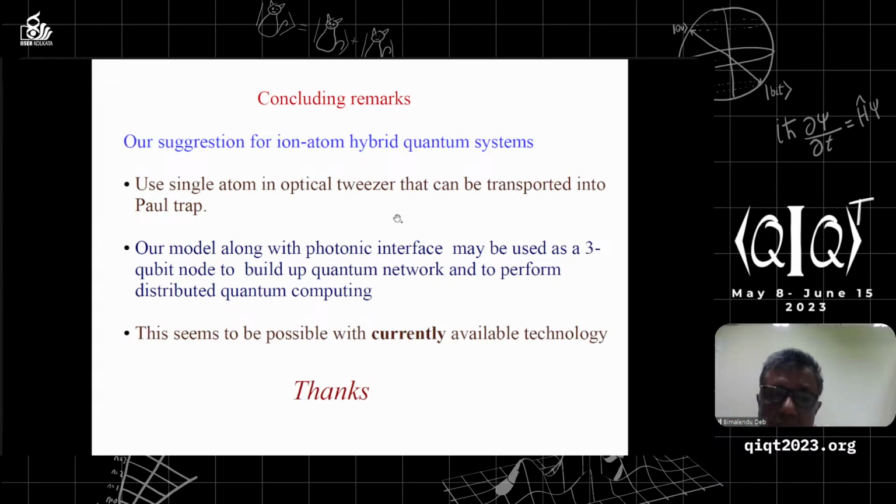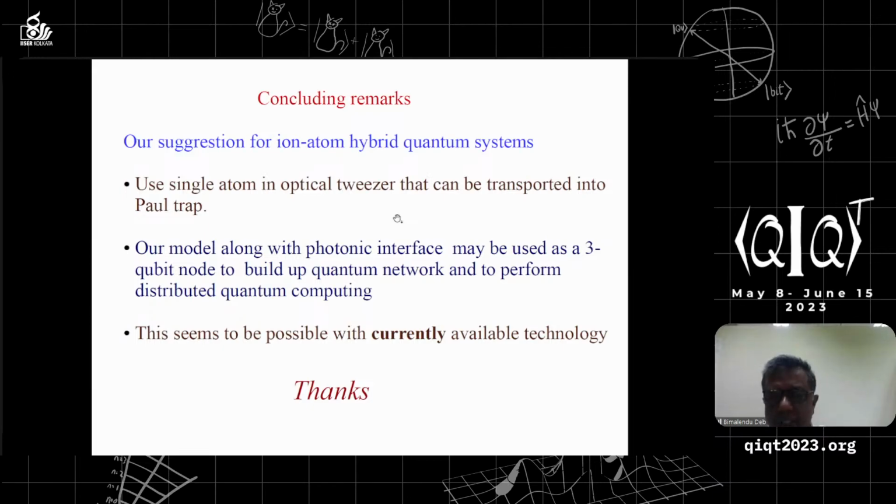So this will be in the future work. One has to explore whether one can think of this system or this model as a 3-qubit quantum computer, because we have 2 atomic qubits and we have 1 ionic qubit.